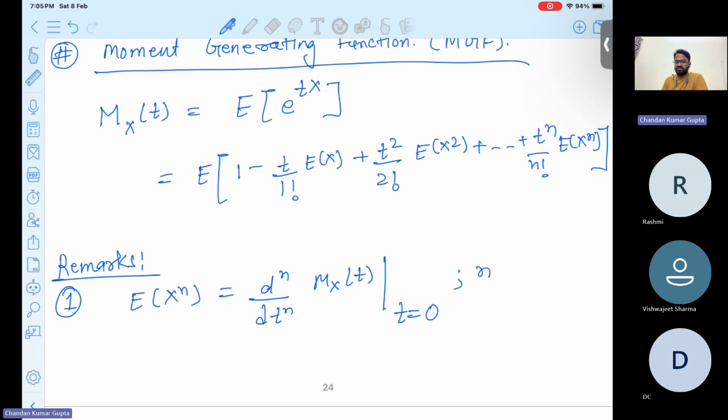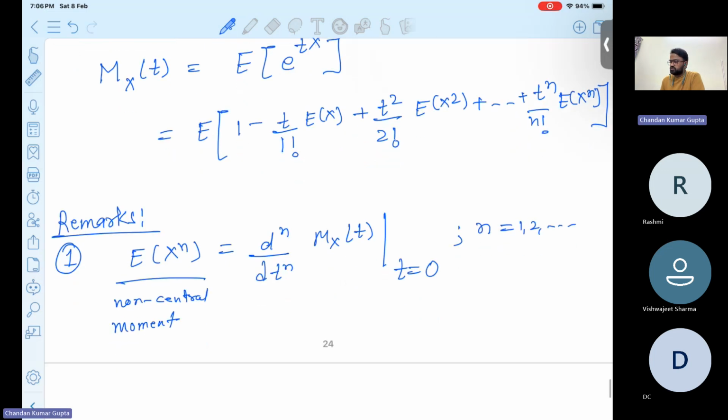And this is a non-central moment. So with the help of the MGF, we are able to calculate the non-central moment by differentiating the moment generating function and putting t equal to 0.